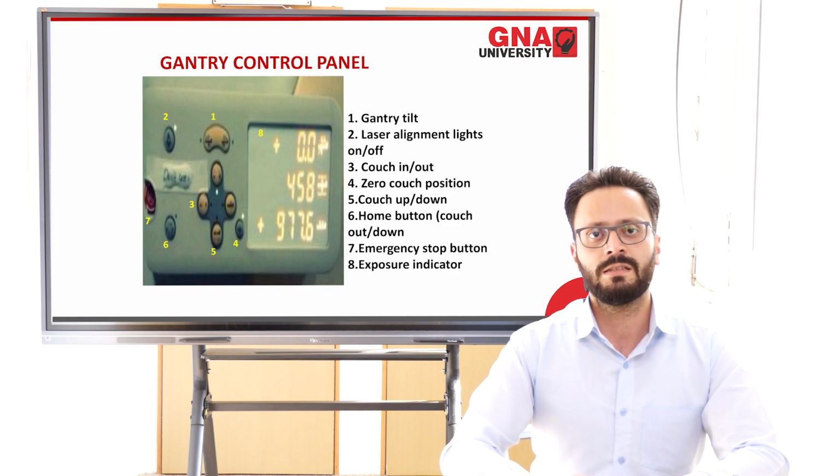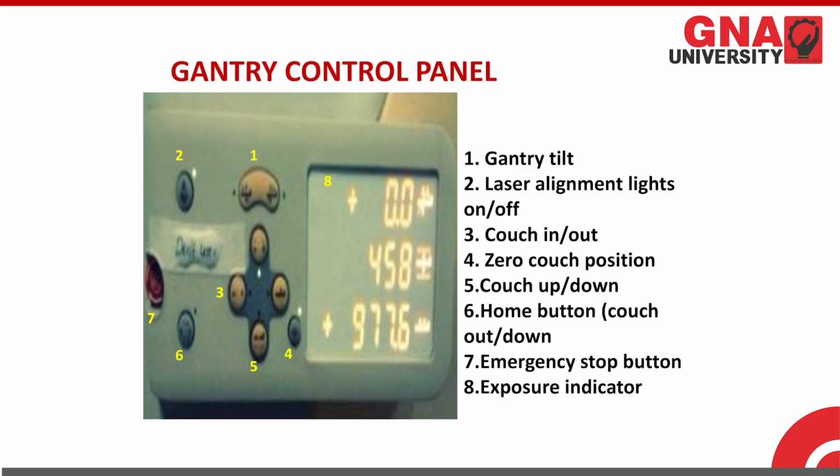So this is a close-up look of the gantry control panel. Here you can see different selections for different functions of the gantry. For example, the first function is for the gantry tilt. So these buttons are used to tilt the gantry. Next is known as laser alignment lights on and off.